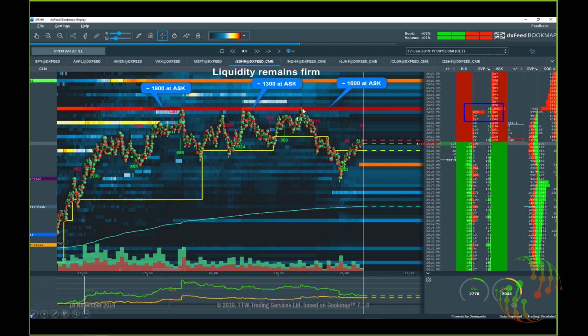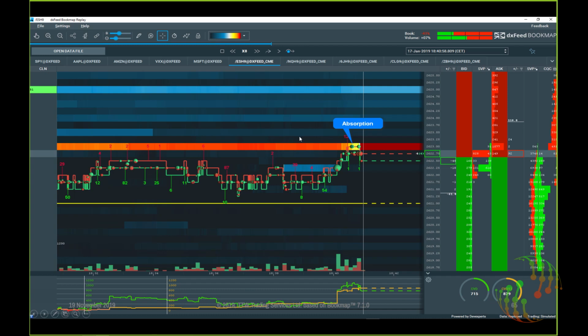Someone hits this 23 even, then it becomes dark red, and so on. So what I wanted to say with that is that the liquidity remains firm, because these guys here are supporting these levels, at this level 23. You see that in the numbers, in the limit order book, as well as on the chart.